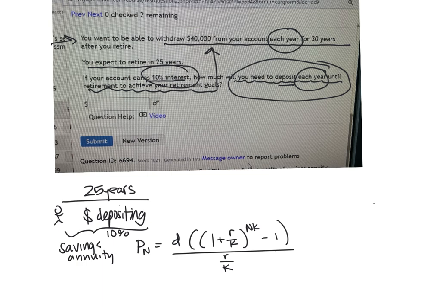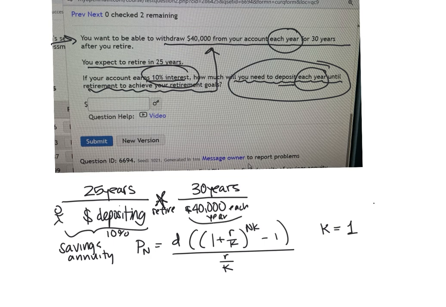That already gives us our K value, which is annually, one time a year. Once we hit this point in our life where we're going to retire, for the next 30 years we want to be able to withdraw $40,000 each year.